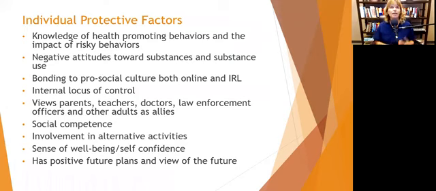We want to help everybody, including the youth, have knowledge of health promoting behaviors and the impact of risky behaviors. That way they can make an educated decision. We want to help them develop negative attitudes towards substances and substance use, because a little substance can really wreak havoc in an adolescent brain. Encourage them to bond to pro-social culture, both online and in real life.